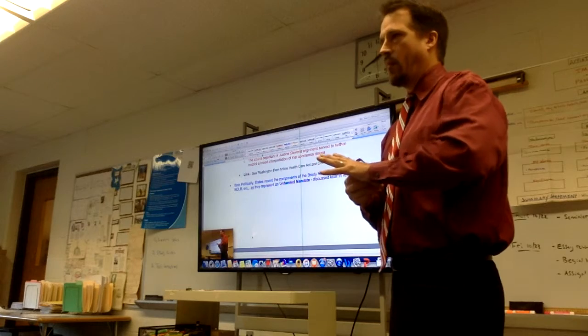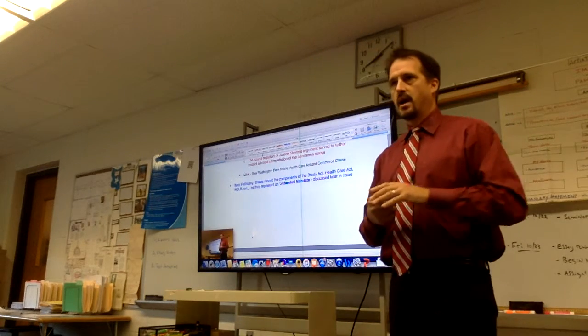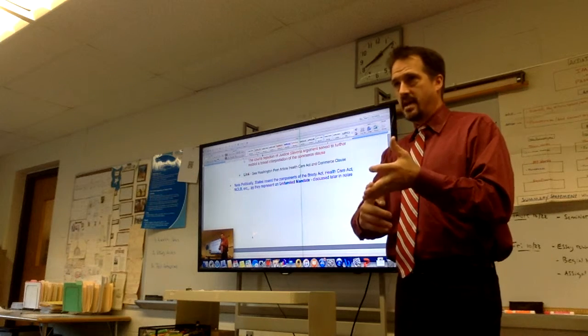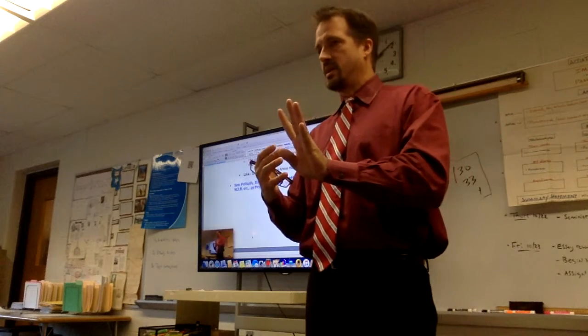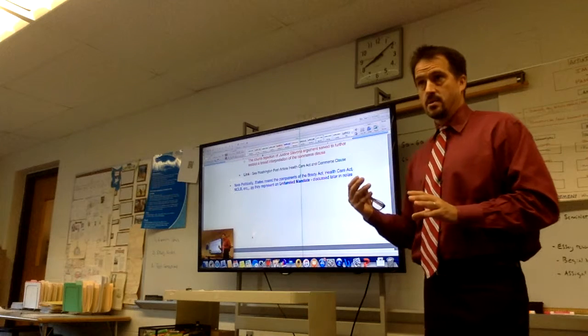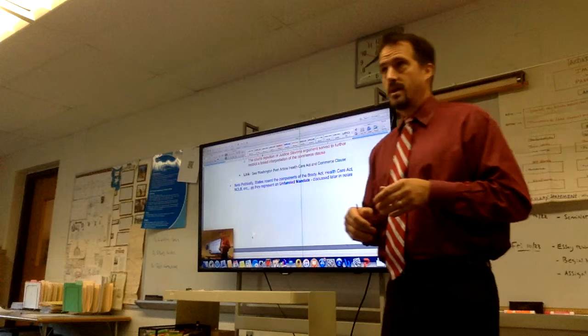So, okay, I want every state to have a test like that, but I'm not going to pay for it. You guys figure out how to construct the test, administer the test, grade the test, remediate from the test. All of those have associated costs, but we're not going to pay for it. And consequently, a lot of states look to opt out. And the question is, should they be able to, right?